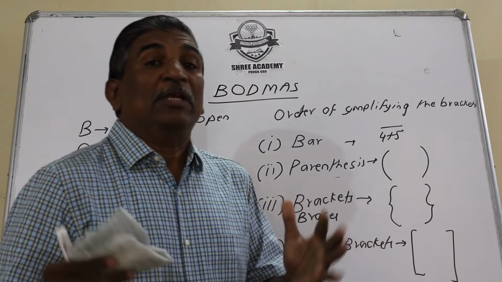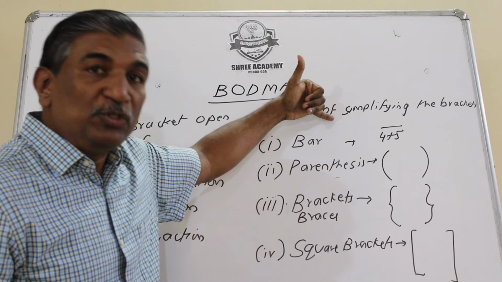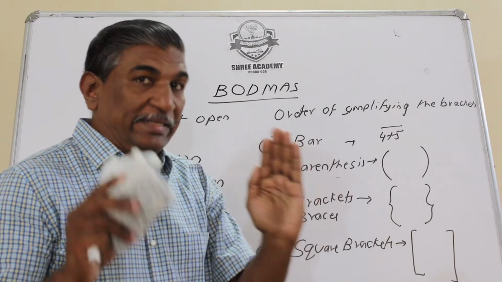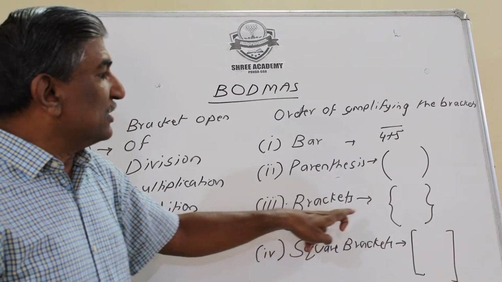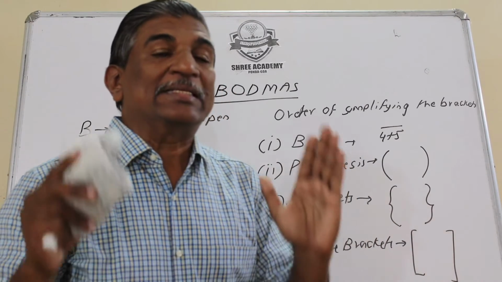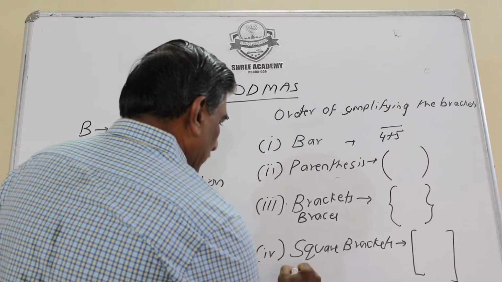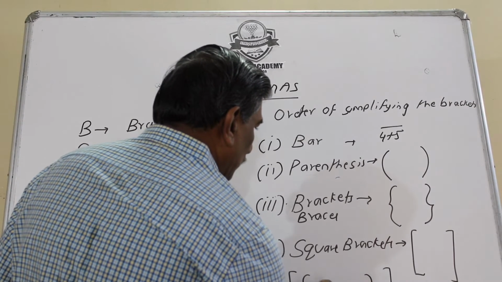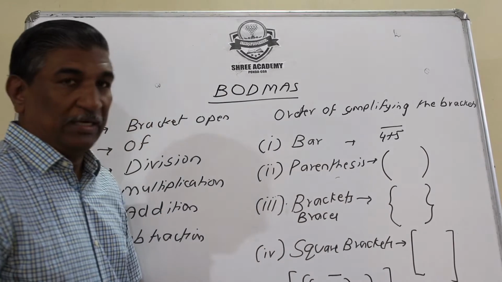Whenever we are having a big equation consisting of many things, the first one which we should solve is the bar. Then we go for something called the parenthesis. They are sometimes called the round brackets also. Then comes the braces, and the outermost is always the square brackets. This means the square brackets may contain braces, which may contain parenthesis, which may contain the bar.